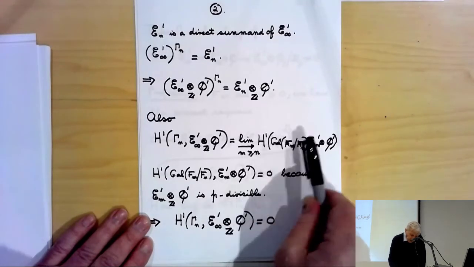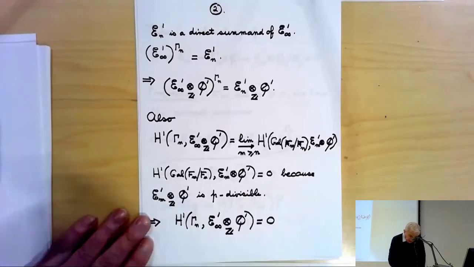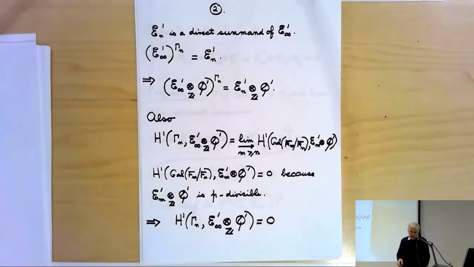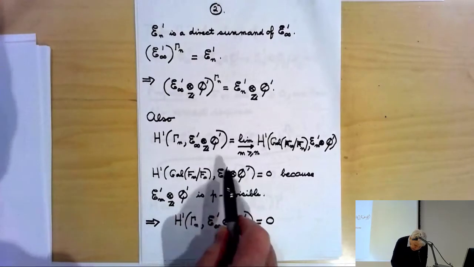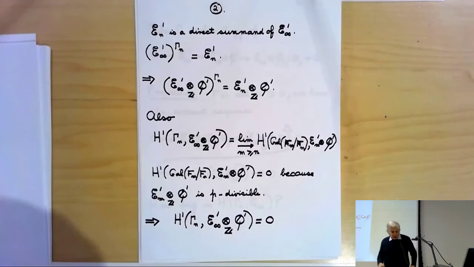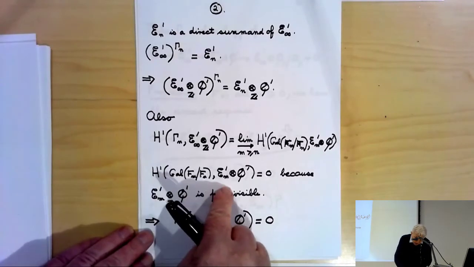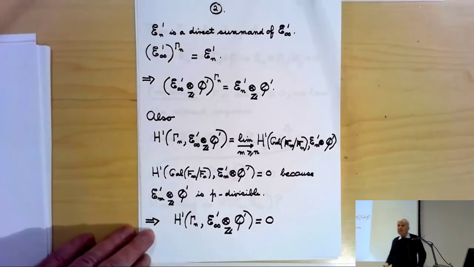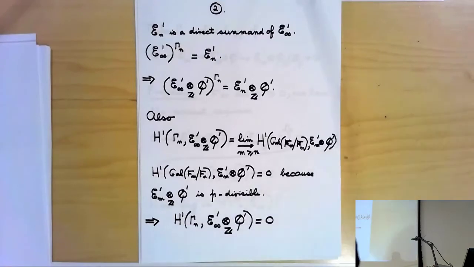But you see, now these cohomology groups, these H^1s of a finite group acting on E_m prime tensor Q prime, they have to be zero because the whole point is that E_m prime tensor Q prime is strictly p-divisible.